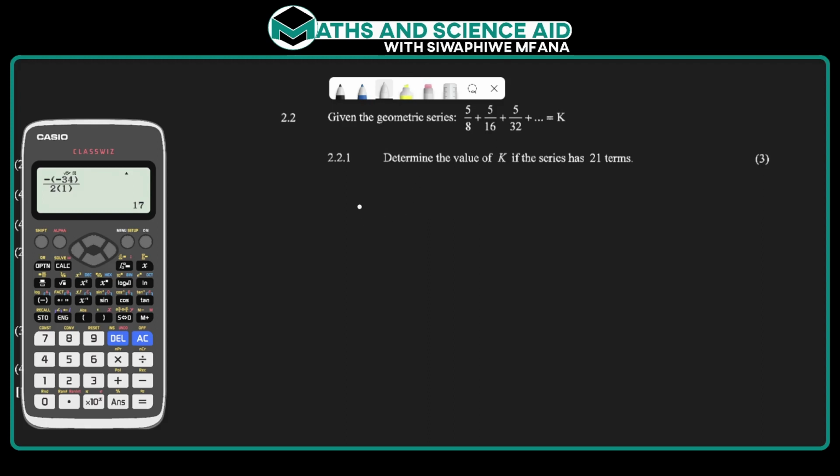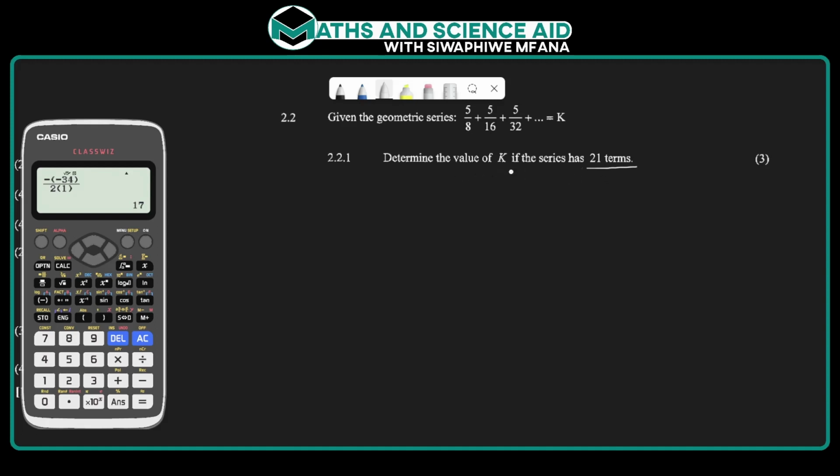Now, for the second part of our question, we are given the geometric series 5 over 8 plus 5 over 16 plus 5 over 32, and so on, equals k. The first question is: determine the value of k if the series has 21 terms.